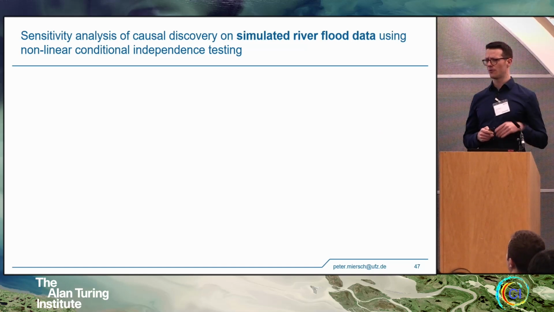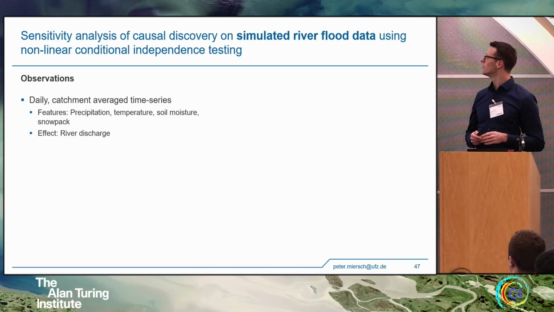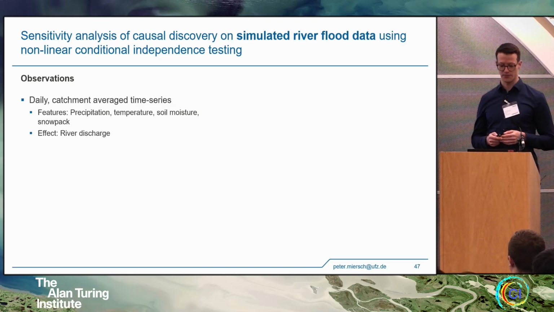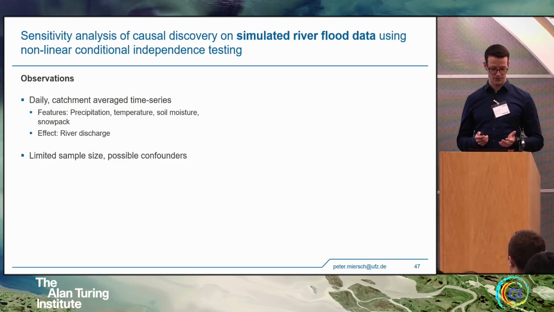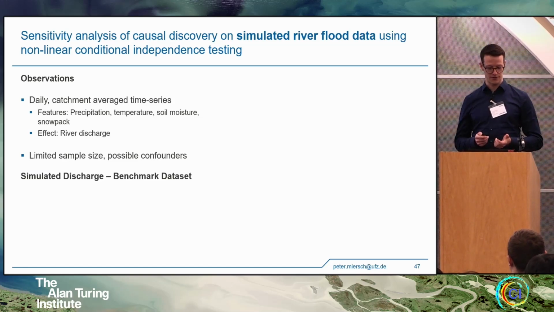And before I go into this, I first want to describe the data that I'm actually using for this and why it's important that we have simulated river flood data rather than just observational. First, let's look at the observations. The observations are daily catchment averaged time series. So our features: precipitation, temperature, soil moisture, and snowpack, and the effect, river discharge. But the problem here is that we have a rather limited sample size in our observational time period, and we have possible confounders.